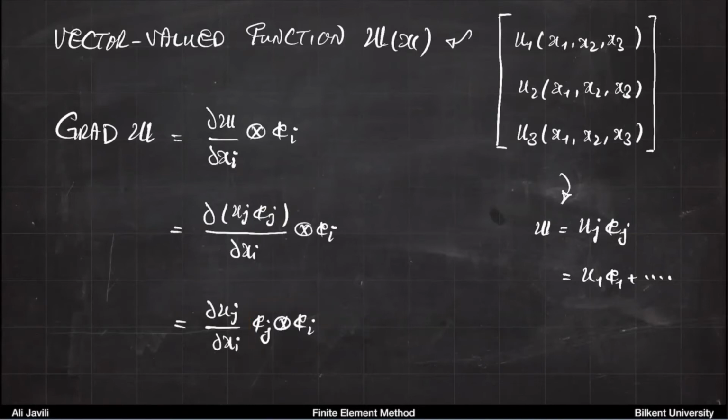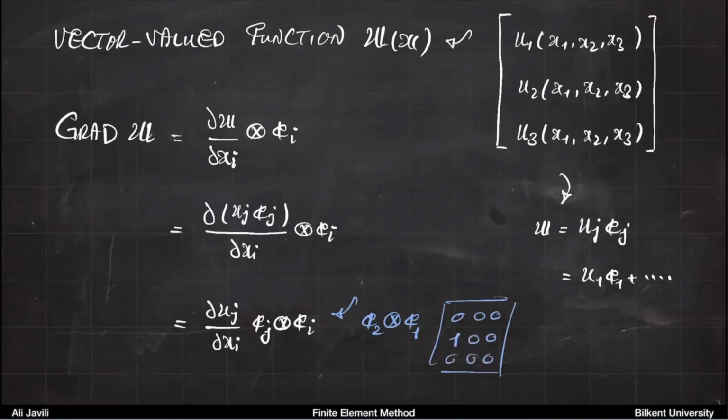Now, remember I told you about this e_j dyadic e_i. It is like a placeholder. So, for instance, if you think of e2 dyadic e1, this would look like a matrix which is 0 everywhere except it is 1 here. So that tells you that component 2,1, in that case, would be the derivative of u2 with respect to x1.